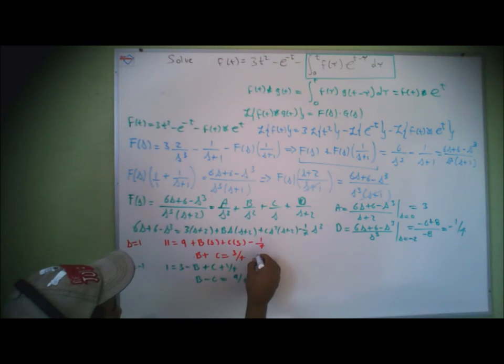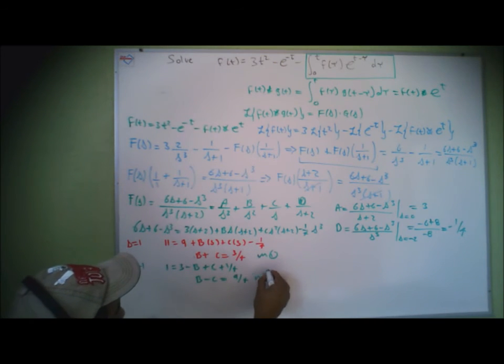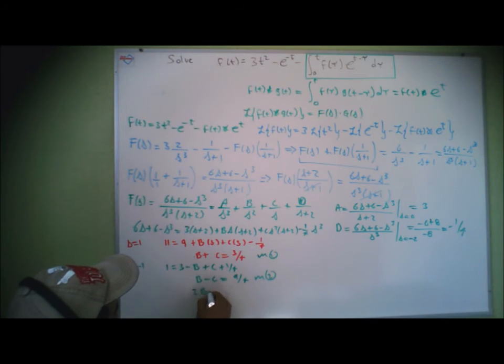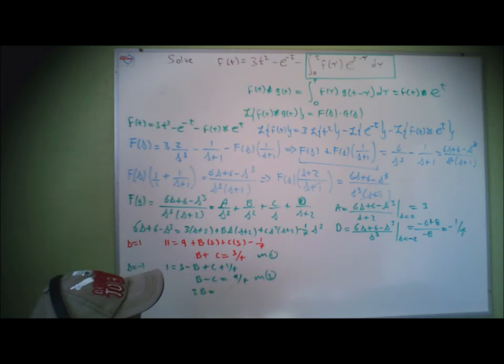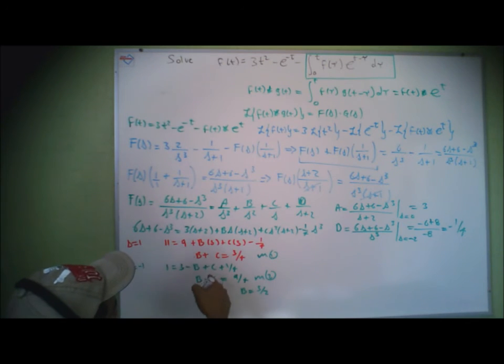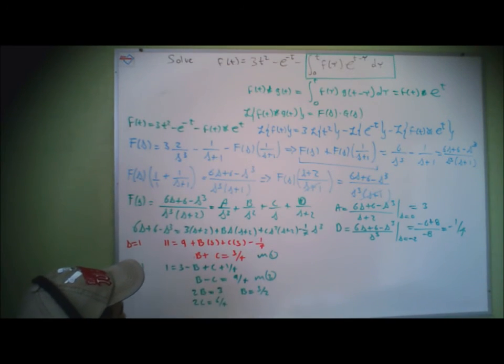I'm going to do this equation 1 and this equation 2. I'm going to make the addition. This plus this, 2B is equal to 3 and 9, 12 over 4, 3. So B is equal to 3 over 2. And then the subtraction, this minus this, so it's going to be 2C is equal to 3 minus 6 quarters. 6 quarters is going to be negative, sorry.